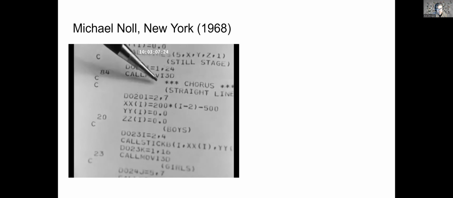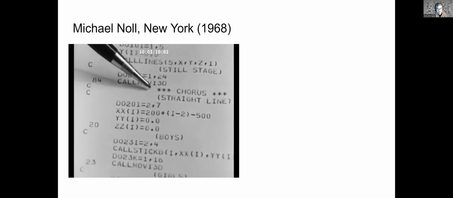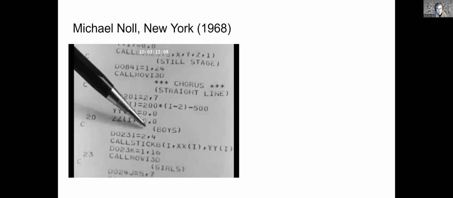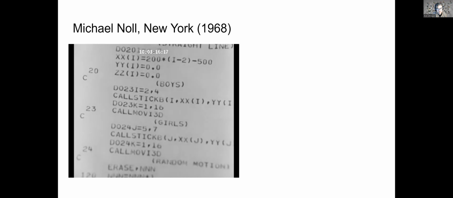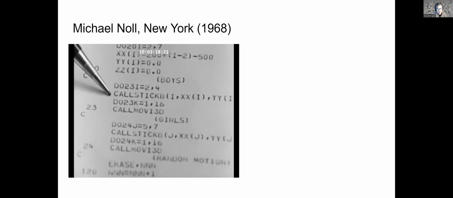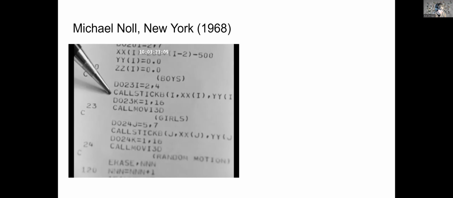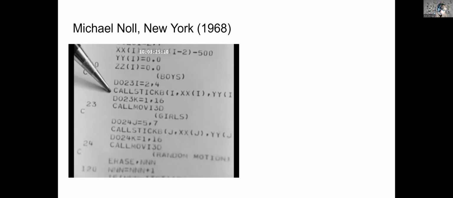After that 1 second of the silent stage, the individual chorus, consisting of what I consider to be the boy dancers and the girl dancers, then come on. So we see here a main subroutine, which is a little separate program that the big program transfers off to. And this little program is responsible for drawing the individual stick figures.